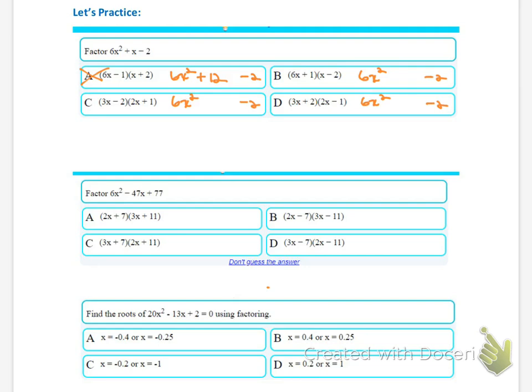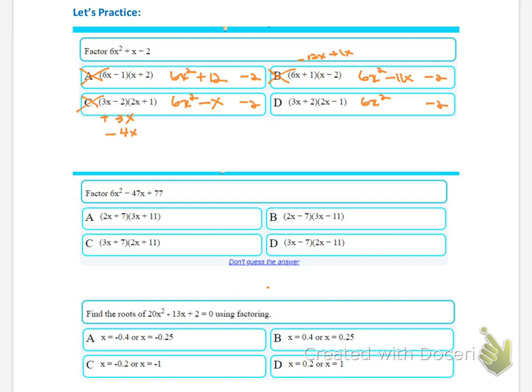So how about B. That's going to give me a negative 12x and a positive 1x, which will give me a negative 11x. Doesn't work either, so that's out. Okay, so C. C is going to give me a positive 3x and a minus 4x, which gives me a minus x, which is close but doesn't work.